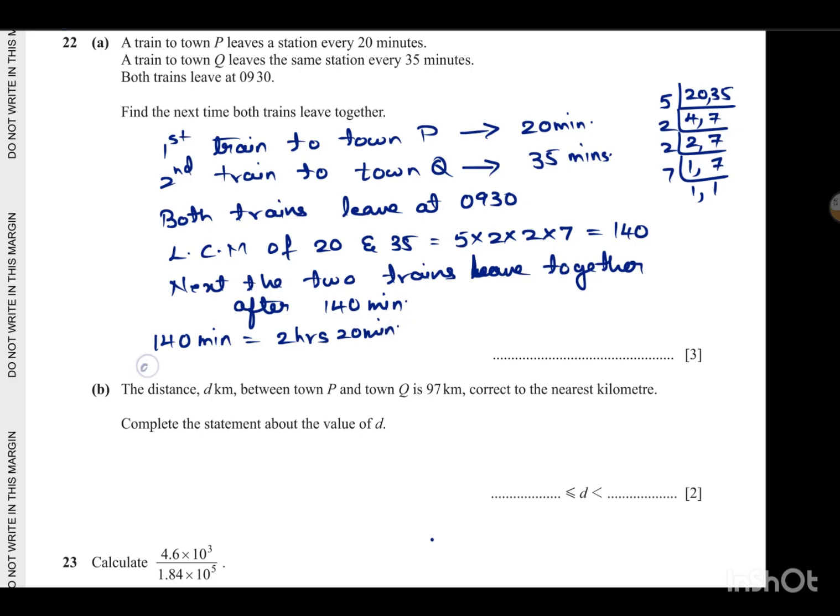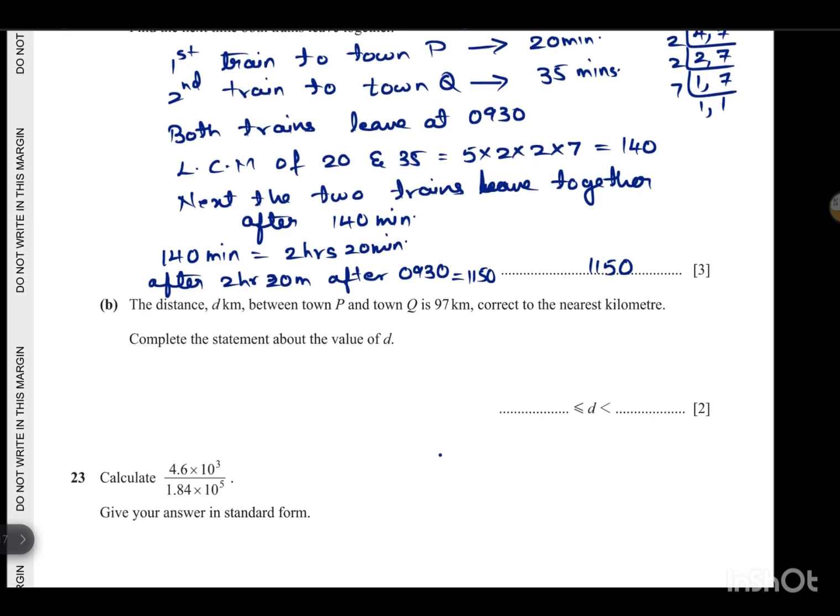So after 9:30, after 2 hours 20 minutes, the time will be 9, after 9, 10, 11, then 30 minutes added to 20 minutes is 11:50. So the answer is 11:50.